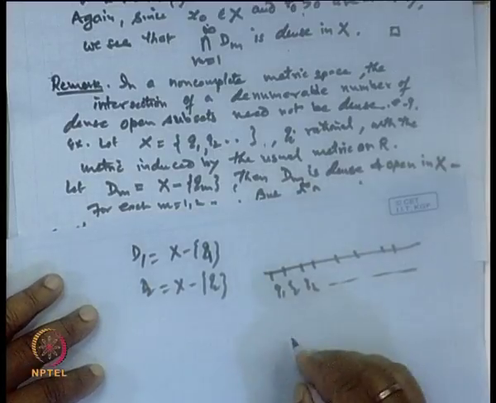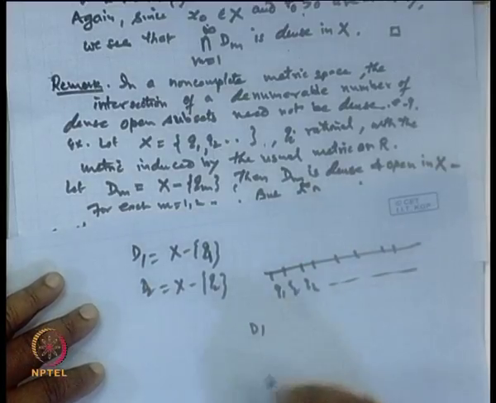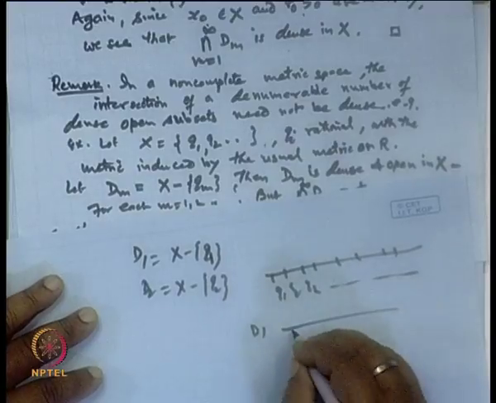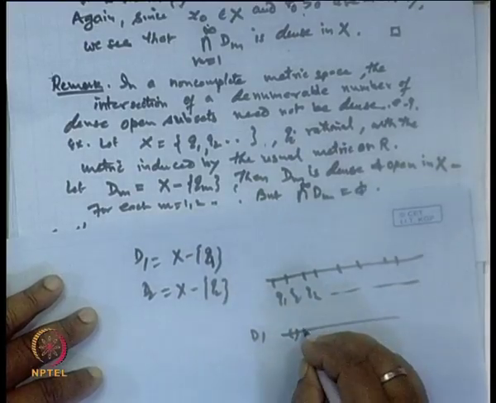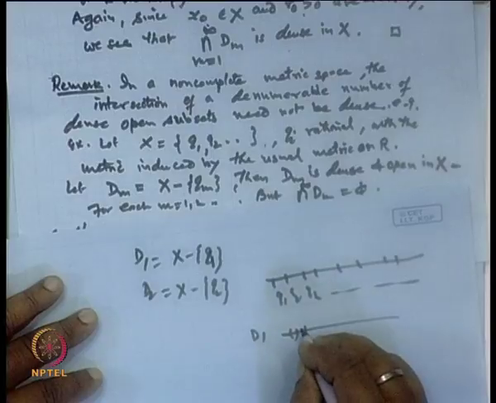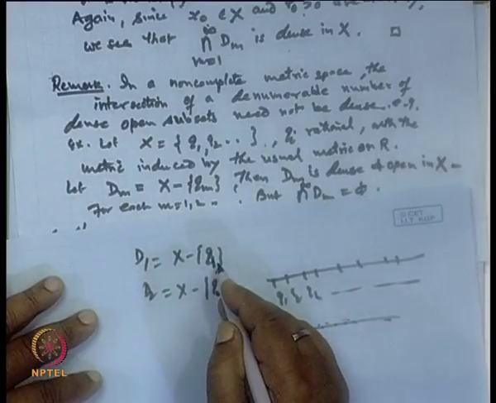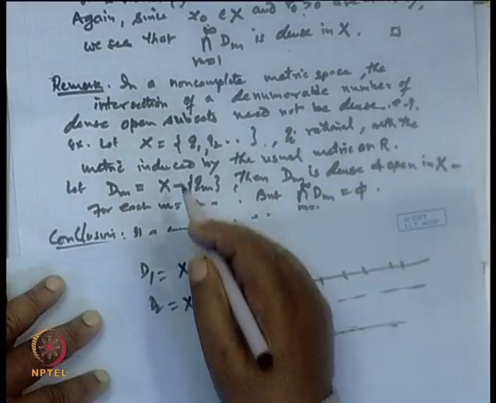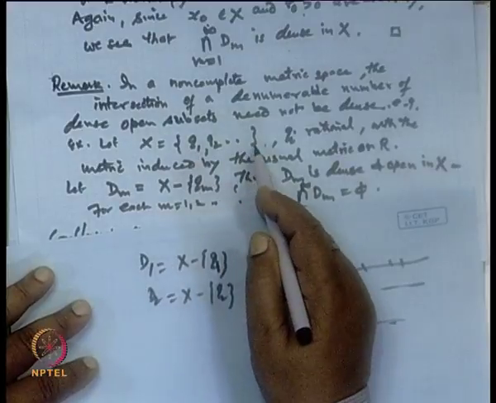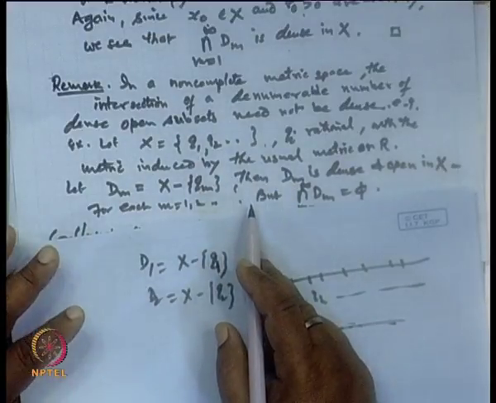Now, what we are doing is we are taking d 1 where this portion is removed, and the rest of the things I am taking, including all irrational points also, because X minus q 1, X is R, X minus q 1, q 2, q n, okay, X minus this.